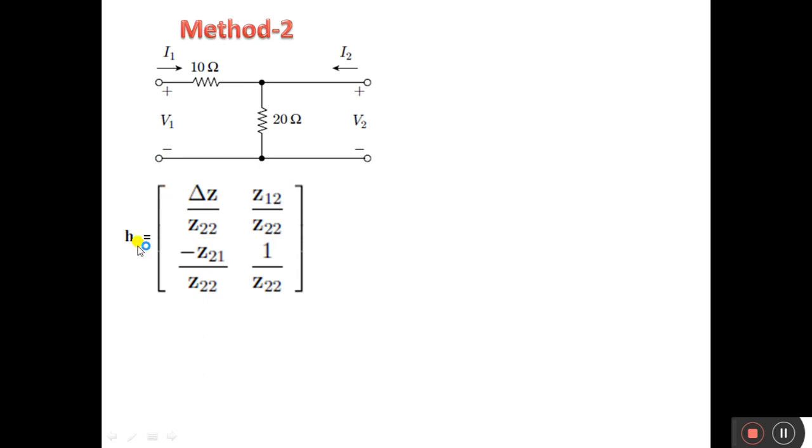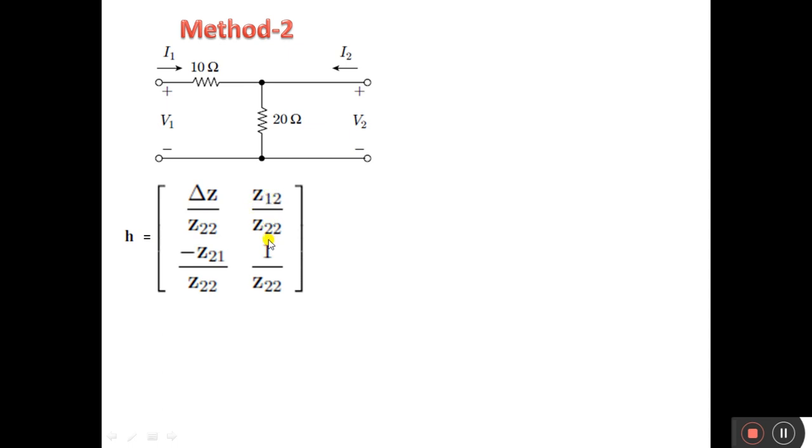In electric circuit analysis, you have already studied the relation between all the parameters. We can easily relate all the parameters: Z to Y, Z to H, Z to ABCD, Z to G, everything. Accordingly, this is the direct formula. If the Z parameter network is given, we can calculate H easily. So the H formula: H11 is delta Z by Z22.